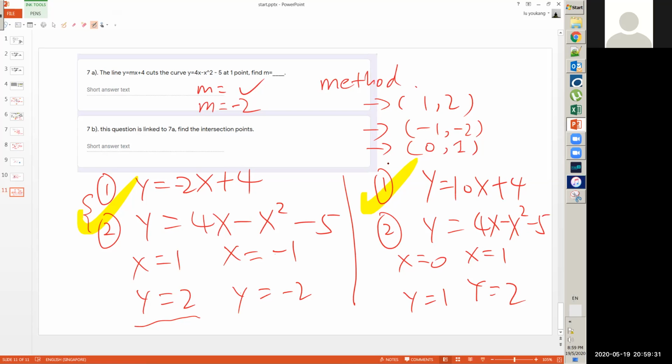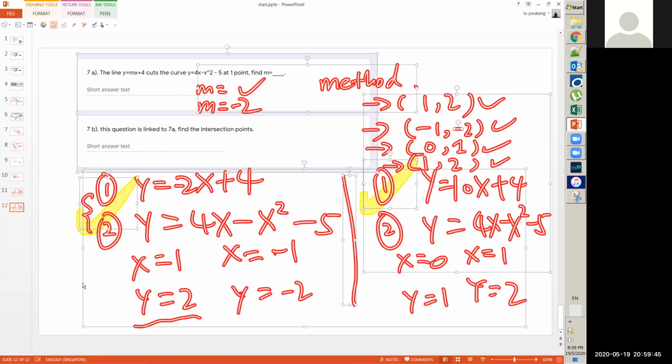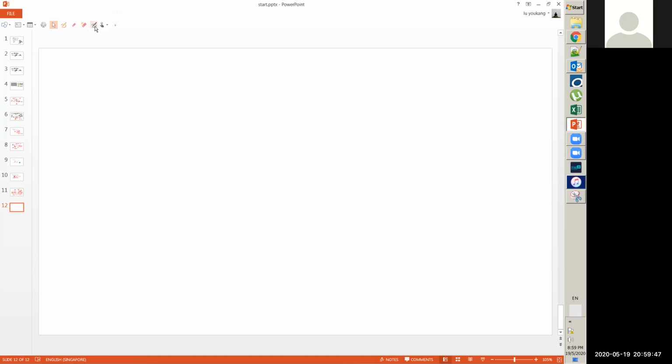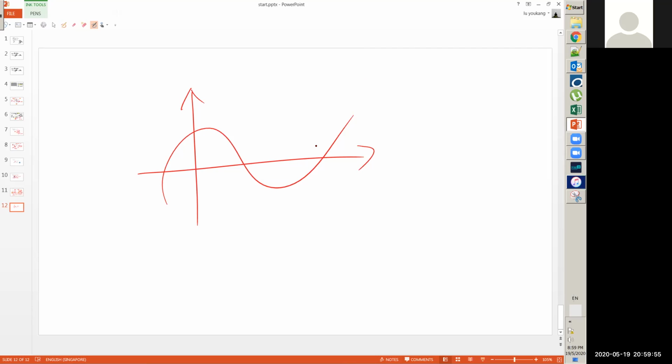When do you have 4 intersection points? How do you get 4 intersection points? Can you think of how to get 4? It's bigger than two real roots. So let's say you have something like this. We have to assume something.